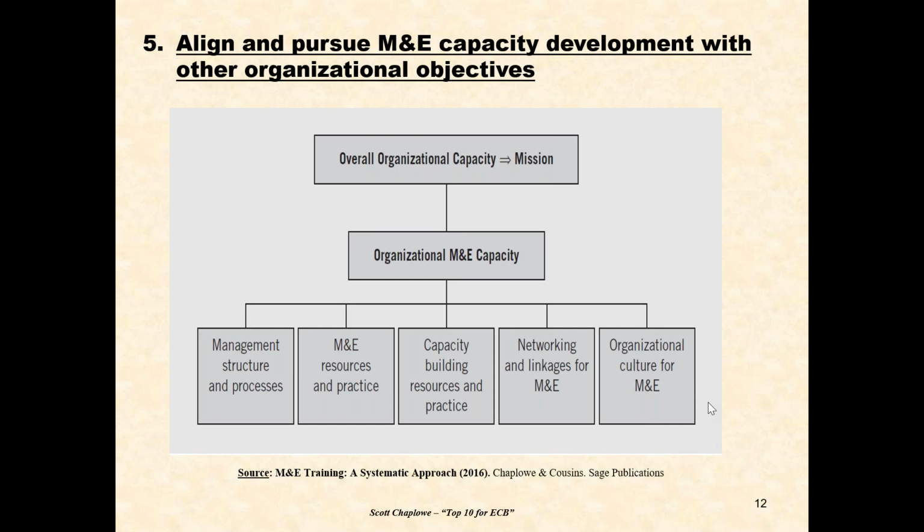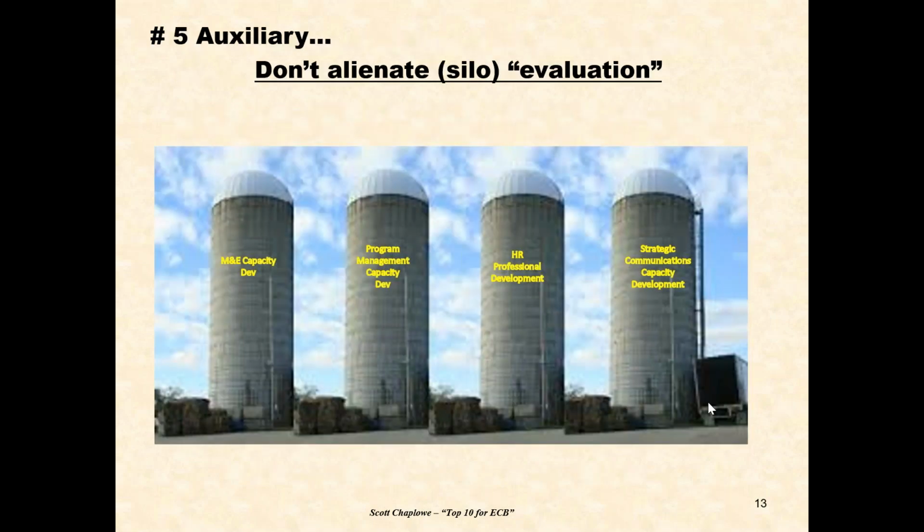And there are multiple other areas, from the performance of an HR department to finance to the actual individual program teams, whether it's child health or safety or climate change or shelters or water sanitation. And it's important not to silo M&E capacity development.